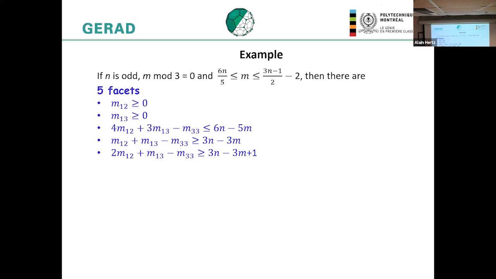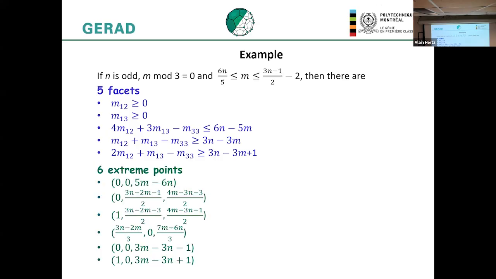You would say, and what about M33? But it's implied also that M33 cannot be smaller than 0. So you have 3 additional constraints. And with these 5 constraints, only 5 constraints, you have a polytope that contains only 6 extreme points, which I give you here the value of. So this is one case.